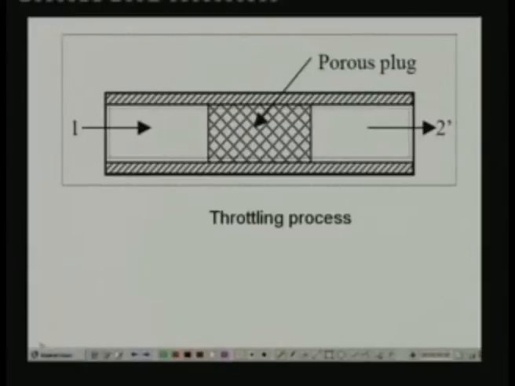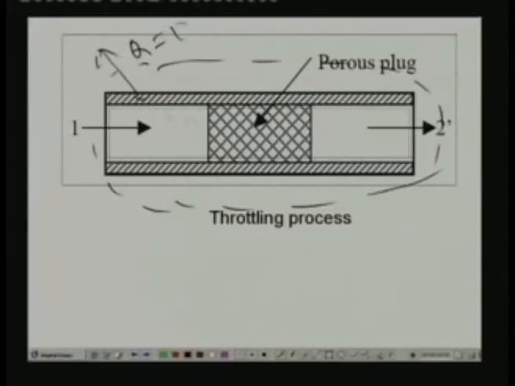Now again, let us say I am taking a control volume across this, and I am assuming that this is adiabatic. That means Q is 0, no heat transfer between the porous plug and the surroundings. And I also assume that potential and kinetic energy changes are negligible. Then I apply the steady state, steady flow equation to this control volume.